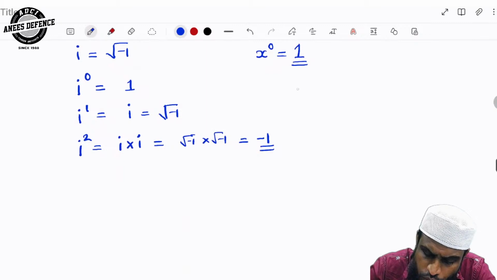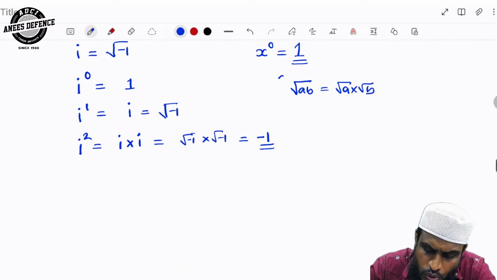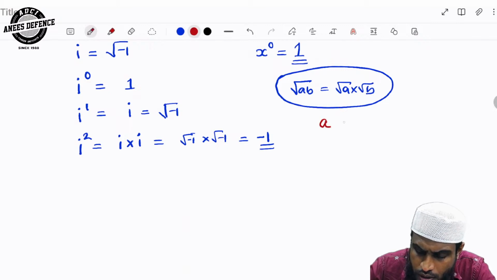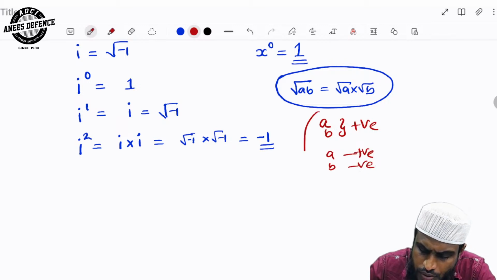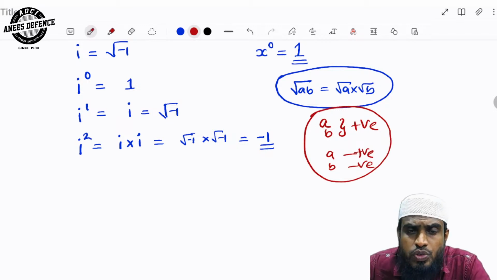You have to understand, you should not write like this. Root of AB can be written as root A into root B. If you want to follow this rule, the condition is that A and B both are positive, or one is positive and the other is negative.